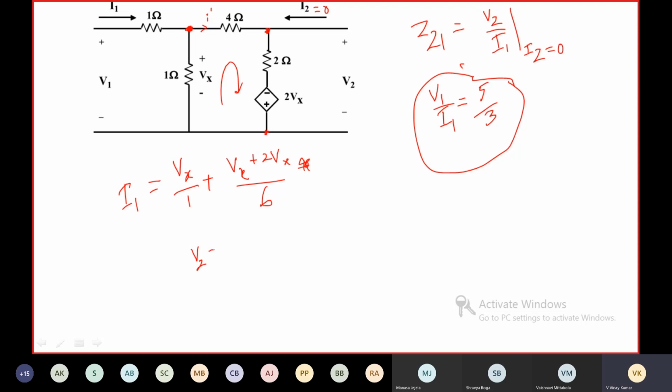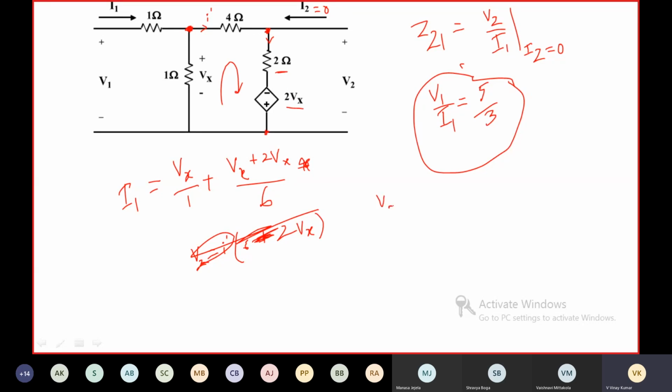Then V2 is the current flowing through this, into 2, plus this voltage, right?